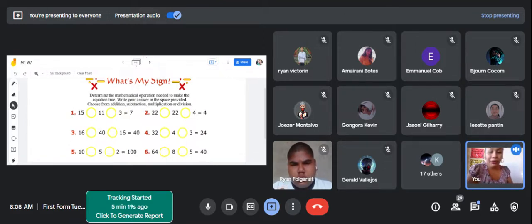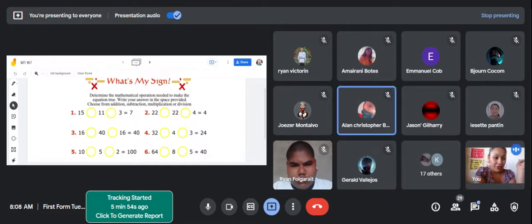If you take a look at number one, it has 15, a little circle, 11, a little circle, and 3 equal sign 7. So I need to fill out the two circles in that statement with the four basic operations, and I can choose whichever one makes my statement true. So let's say that I put 15 plus 11 minus 3. And when I solve that, it is supposed to give me 7. Right?